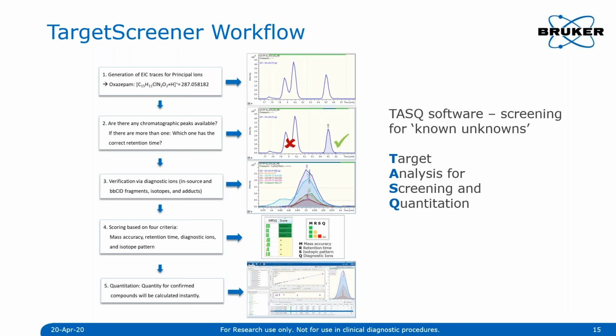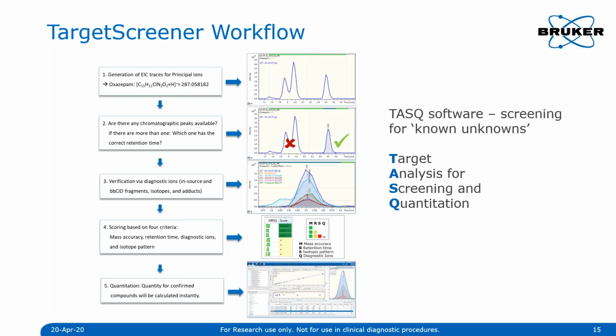The data processing in the TargetScreener workflow starts with automatic calculation of exact masses for target analytes based on their molecular formulas, and this is done by the instrument automatically. Then ion chromatograms are extracted for these exact masses. Then the system checks for presence of any peaks in the extracted ion chromatograms, and if there is more than one peak, the system further checks the retention times and compares them with the database.